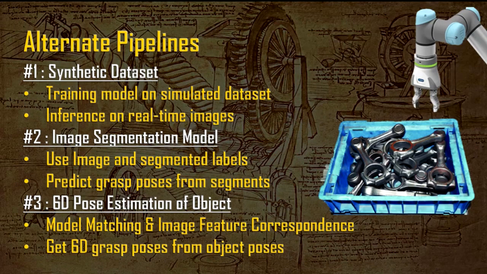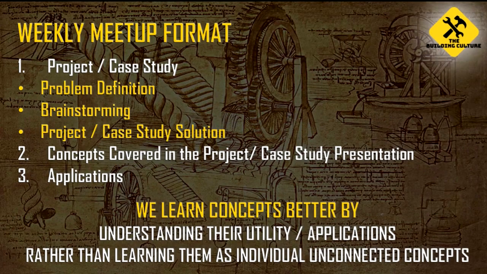And I'd just like to mention that for the next meetup we would like to follow the same system. I don't know how effective it was, and I would love to have your feedback. My goal was to discuss a project with a problem definition, do some discussion, which I think went really good, and present my own solution, and then the concepts covered, which were deep learning and kinematics in this case, so that the concepts are relevant, and a few applications.